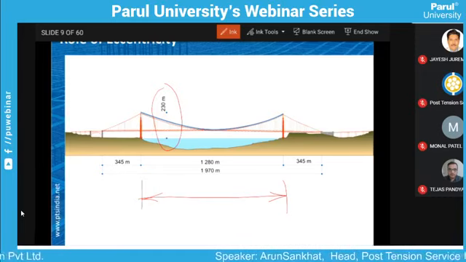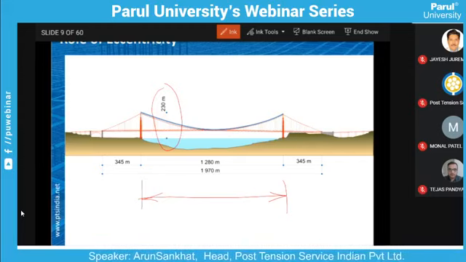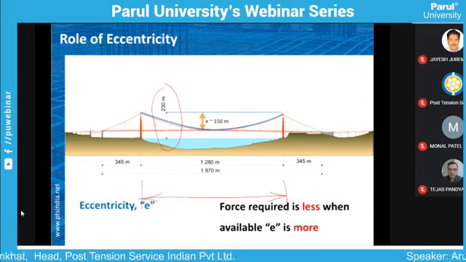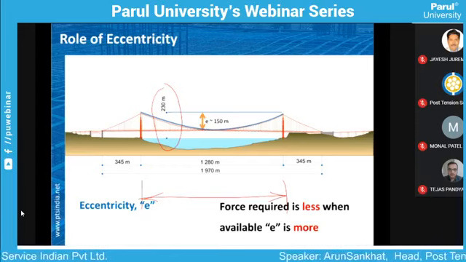Why go with this much height of the pier? There is, you can say, a magic behind this number. So we'll see that. This 230 meter is required to achieve an eccentricity of 150 meter.